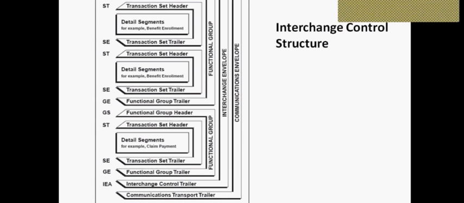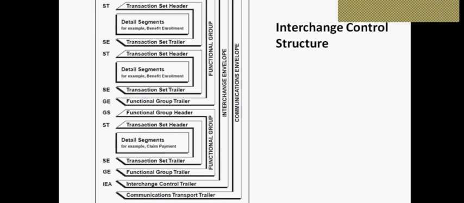The group header tells more details about the specific transaction. Then the transaction set header talks about the provider details, and then there is the claim level information within the transaction set. Whether it is an 837 or an 834, the structure is the same. So these are the EDI transactions.